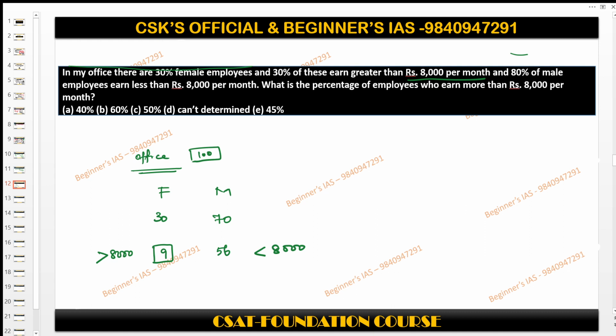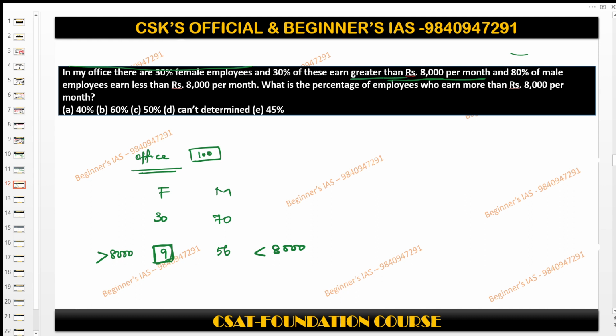Now here is the question: what is the percentage of employees who earn more than rupees 8,000? Listen very carefully. With the female employees, you can say that 9 are earning more than 8,000, isn't it? The statement here is very clear: greater than.